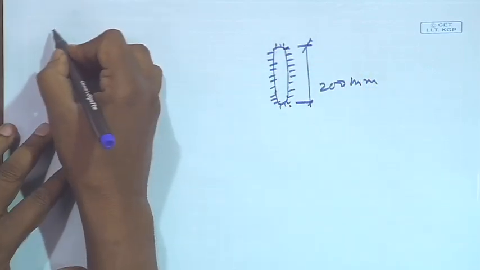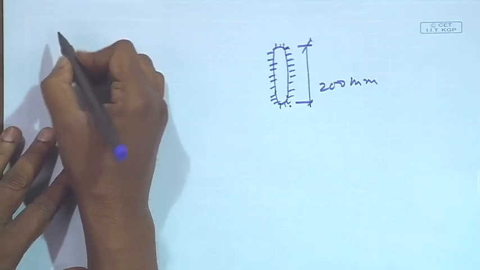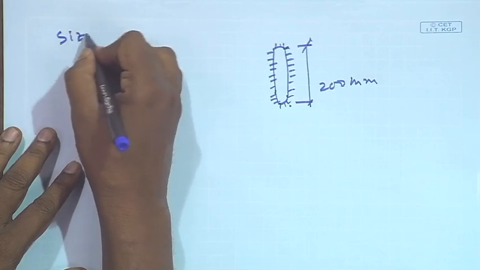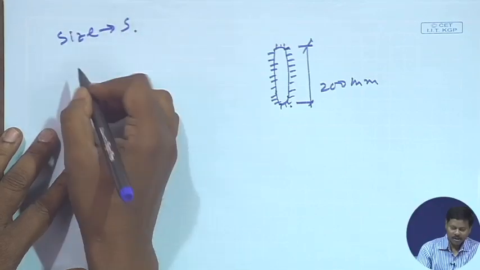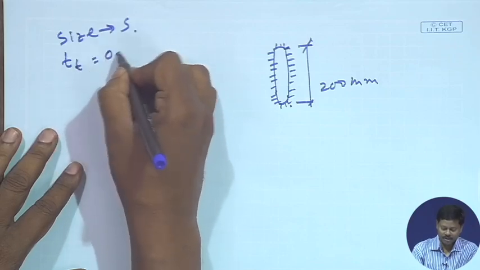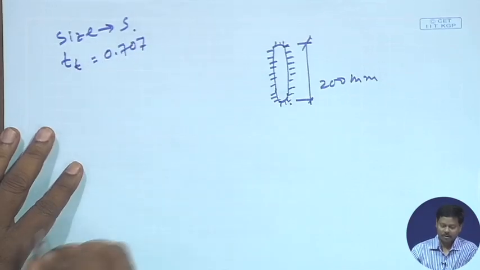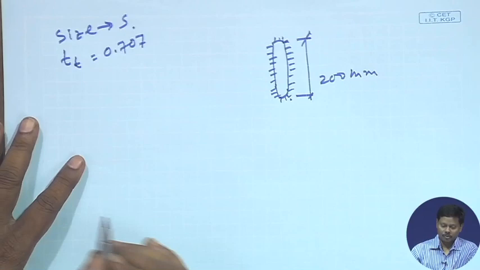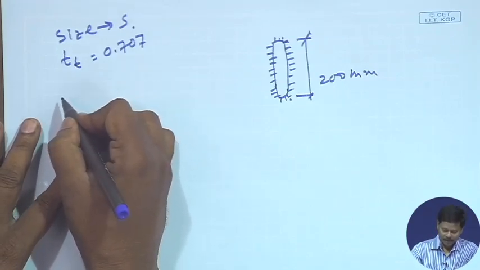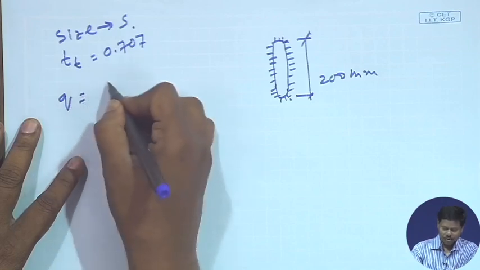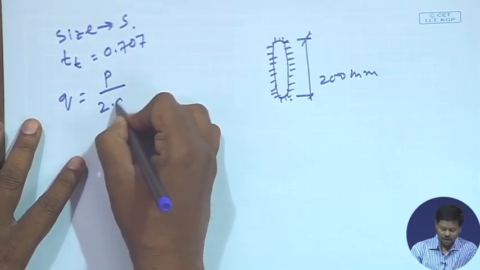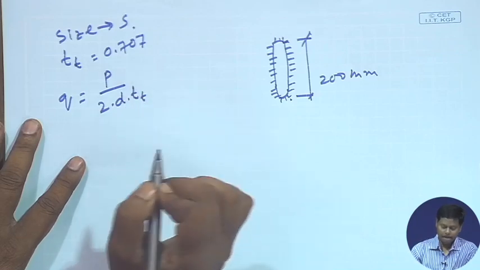So, if we consider size of the weld as S, then we can find out thickness of the weld as 0.707 S, right. So, now if we find out the shear stress Q, Q will become P by 2 D into Tt.